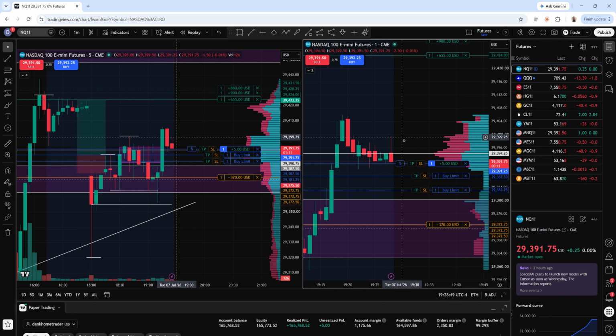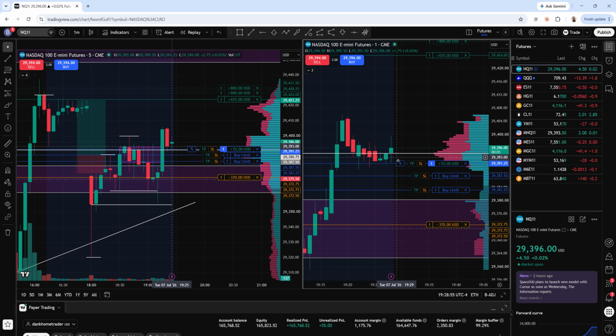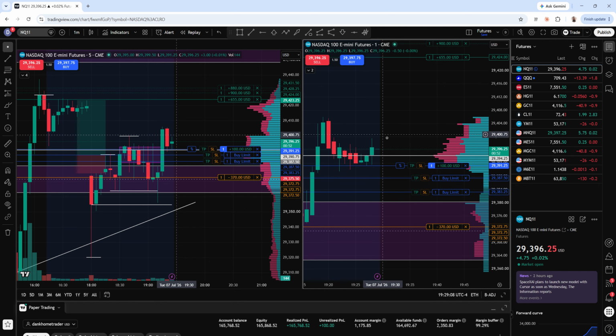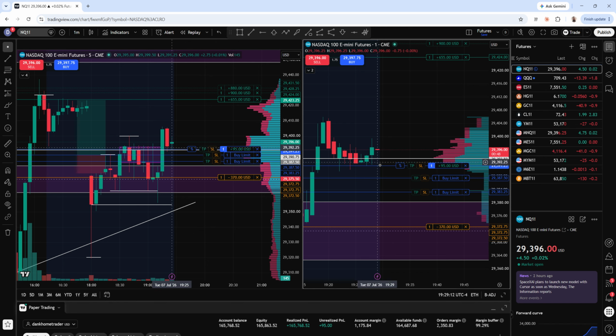So maybe we see a little bit more of a push down before we get a push up, and we've got two more candles to go. One here, I guess, one more candle to go. This one, and then one more, and then the next candle will probably be the sneaky one, where they wait till the close of this candle to do something goofy.